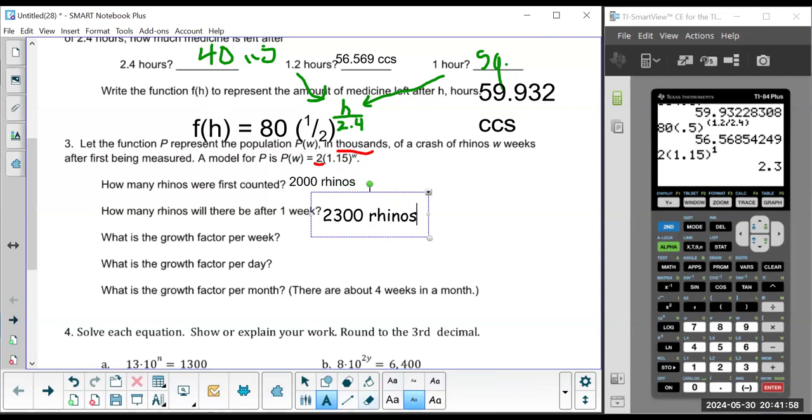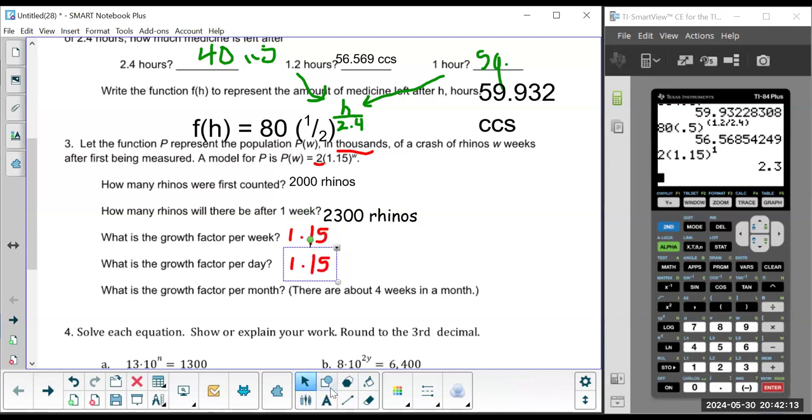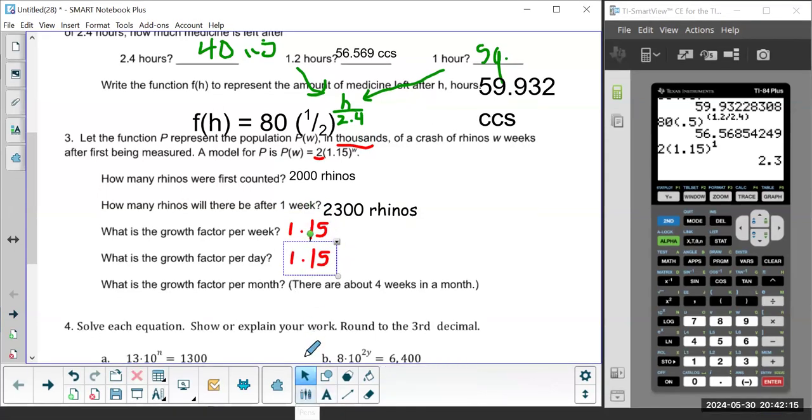Then what's the growth factor per week? Well, this is per week. That's what the w stands for. So it's 1.15. Then what's the growth factor per day? So I'm going to take that 1.15, and that's per week. When I want to find per day, I'm going to make a new exponent.